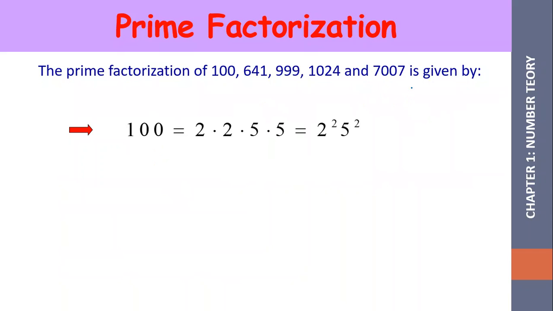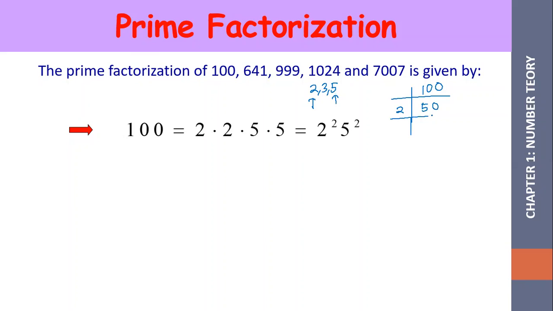You have 100, and you divide by the smallest prime. The primes are 2, 3, 5. The smallest one that divides 100 is 2. We have 5 and we have 2, but the smallest prime is 2, so divided by 2 you get 50.